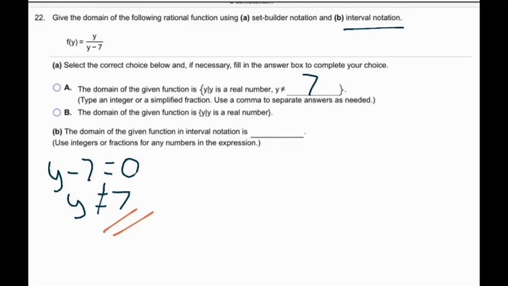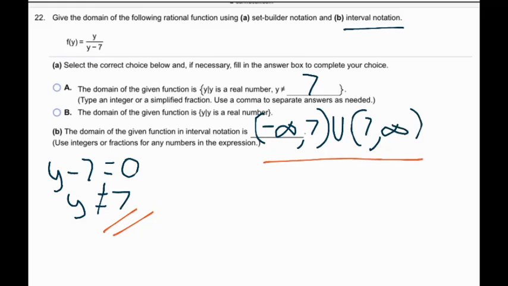So we represent that in interval notation as negative infinity to 7, not including 7, so we use a parentheses, union 7 to infinity. So what this is telling us is that we have all real numbers except for 7. Again, emphasizing, set builder notation indicates what values are excluded, and interval notation indicates what values are included in a domain.